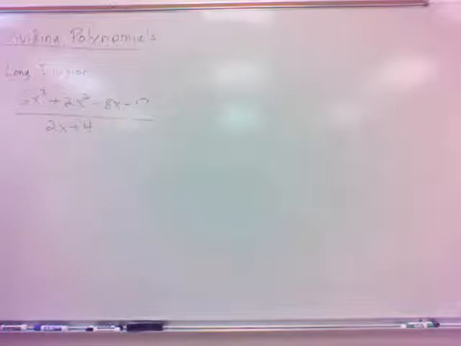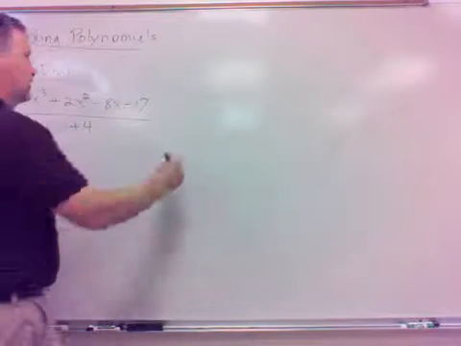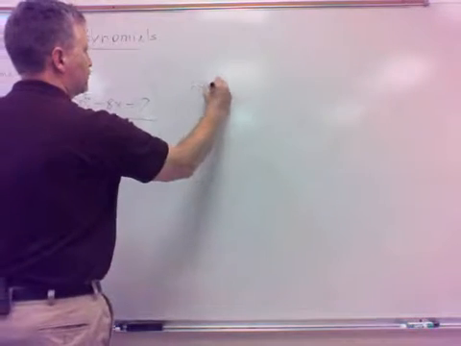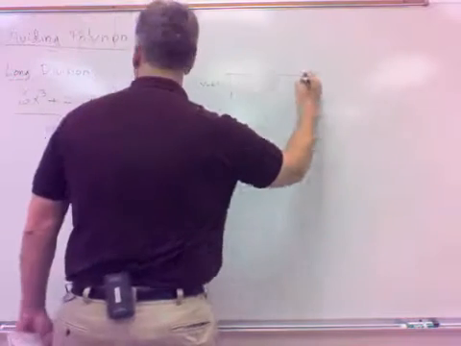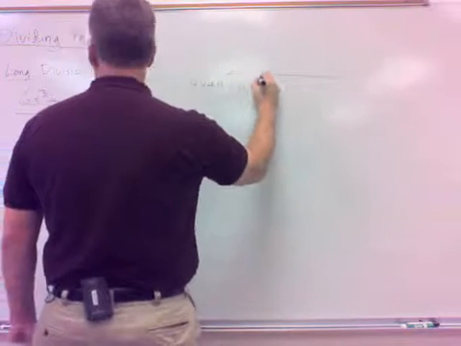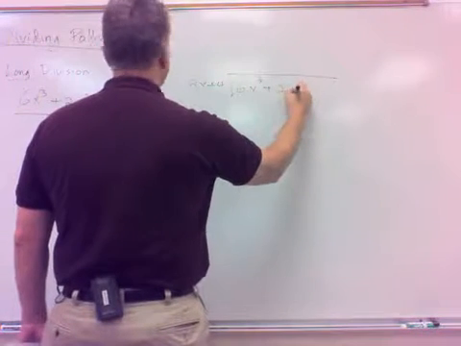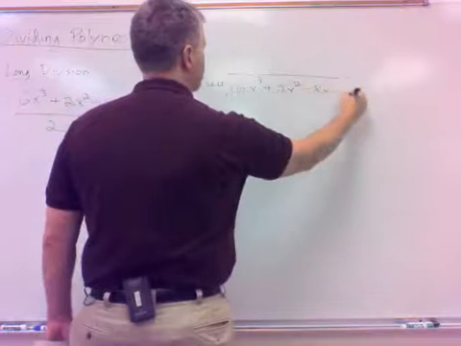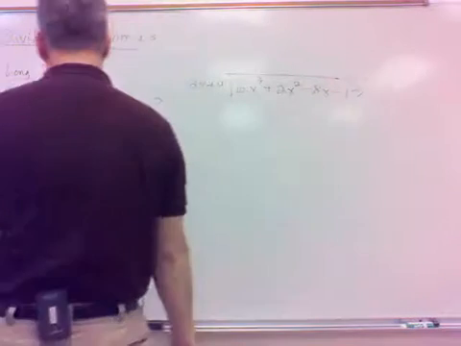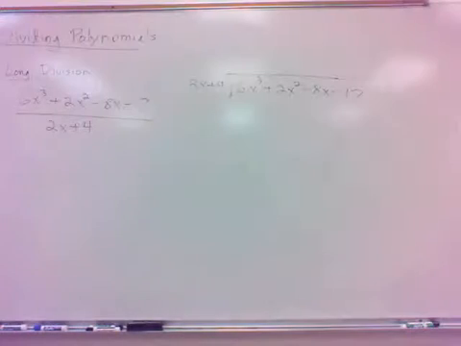So we're going to use long division here to find our quotient and our remainder. So let's go through the steps here. Set it up as you would a long division arithmetic.